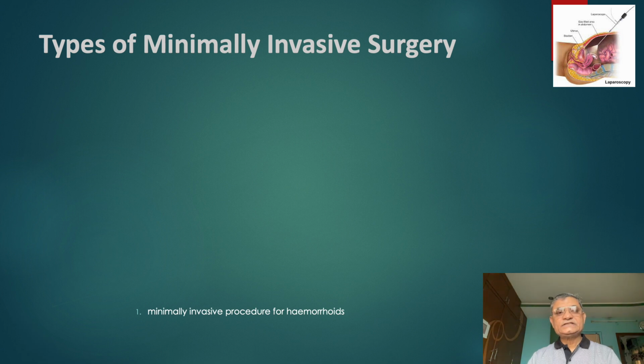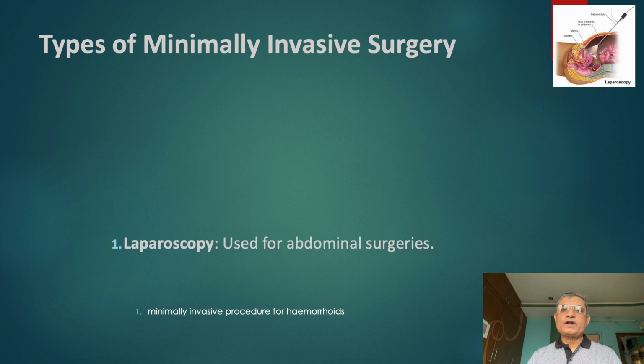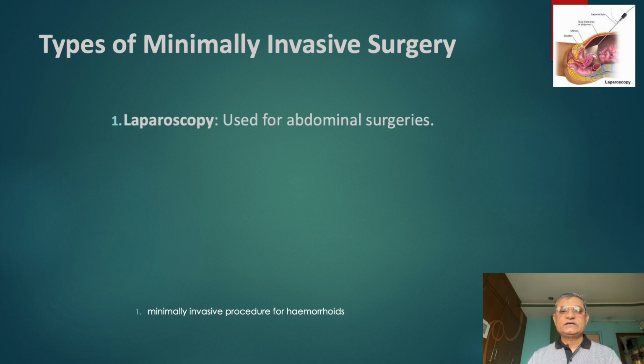What are the areas where minimally invasive surgery is practiced? The first one is laparoscopy. This is used for abdominal surgeries. Then there is thoracoscopy, where the chest conditions can be addressed.